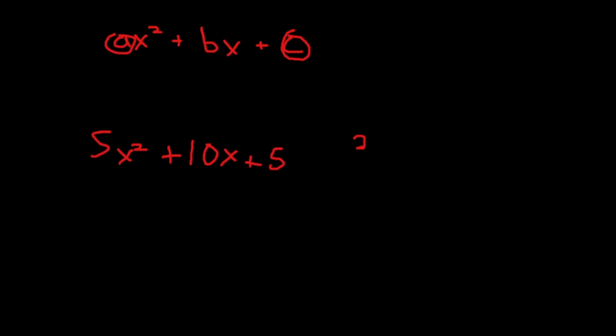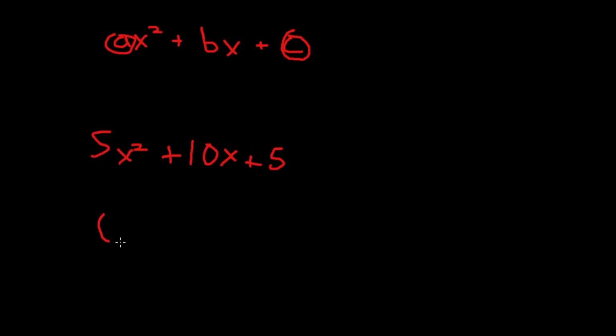Because 5 squared is 25, 25 is a perfect square. So 5 and 5 are our numbers here.